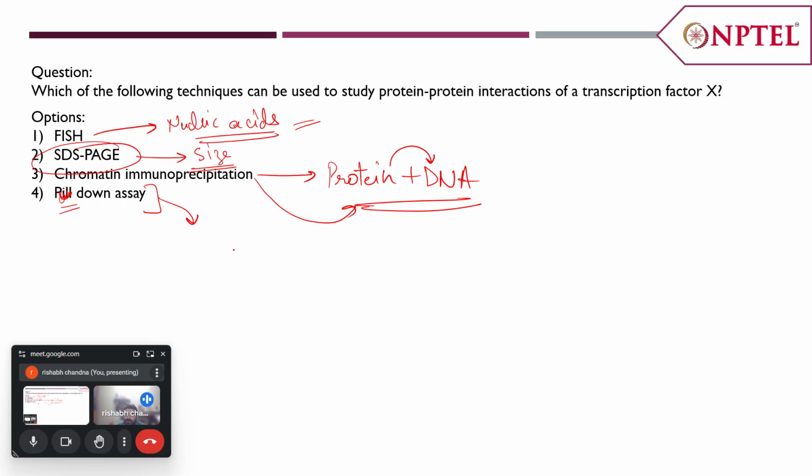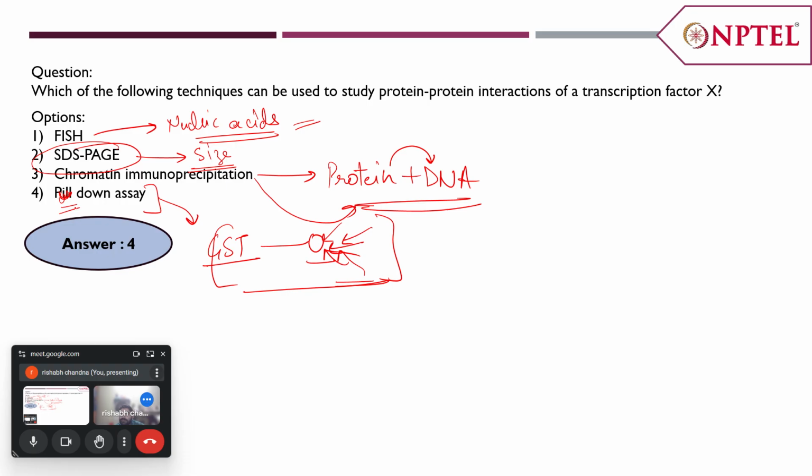Here we use the GST tag with a probe. This probe will allow us to check for different protein interactions in our set. So the correct answer is pull down assay. Any doubts in this particular question?